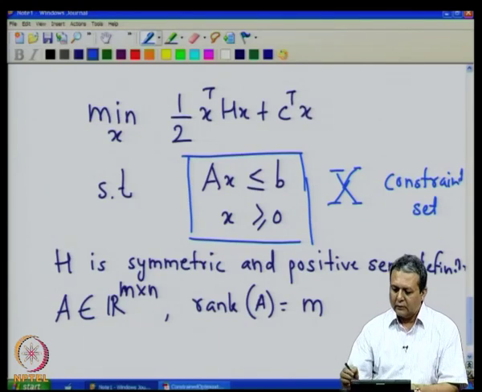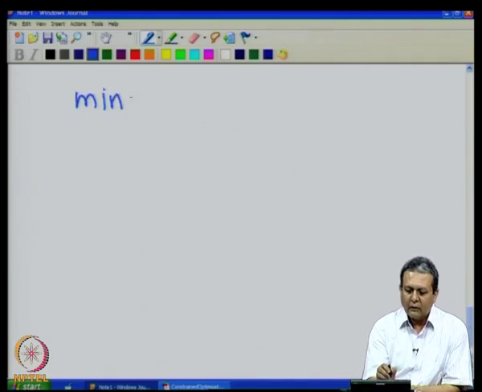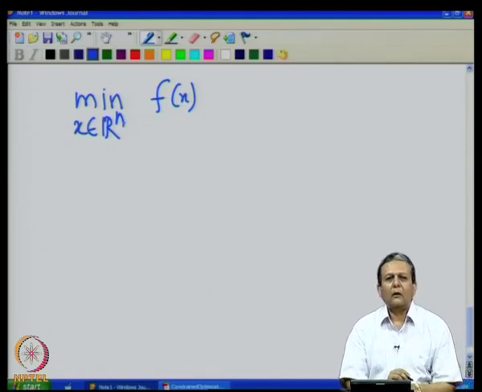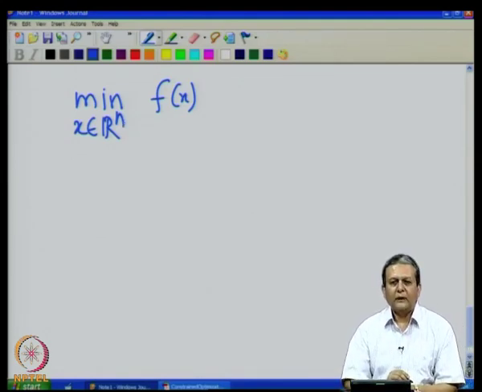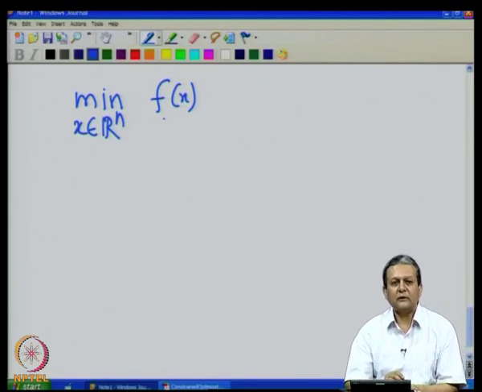Now, if we recall, in the unconstrained problem case, we saw that the necessary condition for x star to be a local minimum is that the gradient of f at x star is 0. We assume that f is smooth; what I mean by smooth is that the second derivative exists and is continuous at every x in the domain.